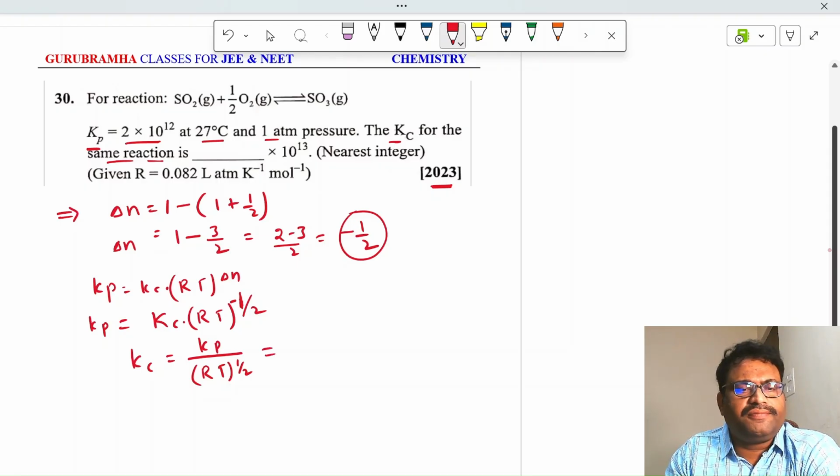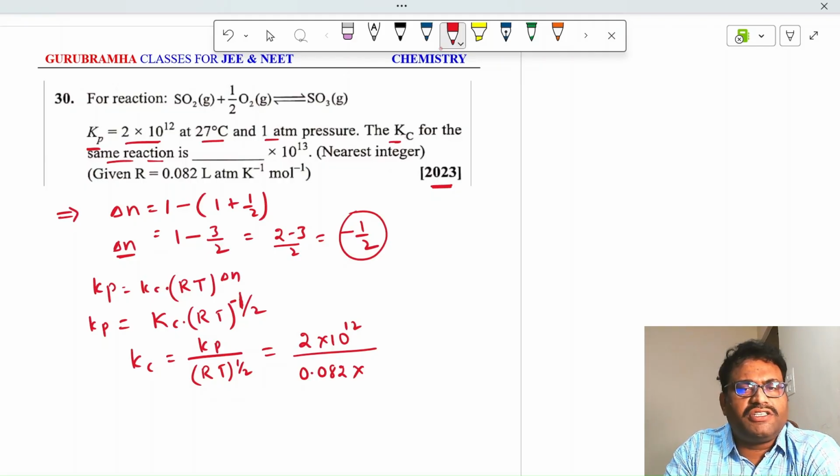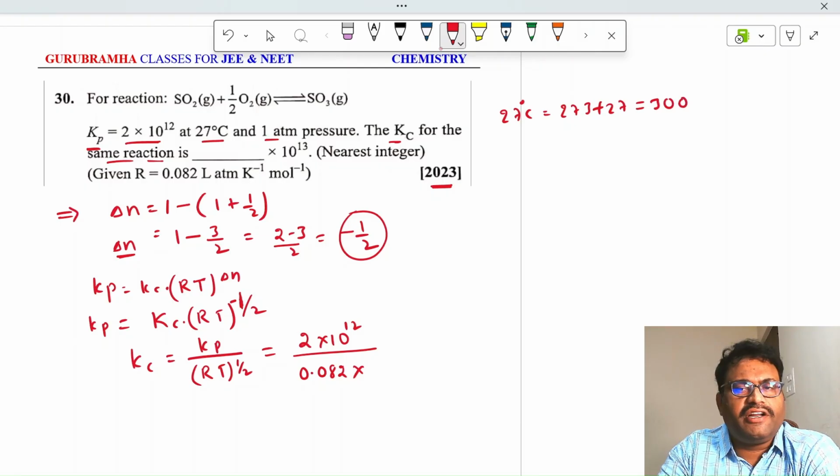Delta n, what did we calculate? Minus 1 by 2. That minus 1 by 2 we have substituted here. So Kc is equal to Kp by RT power 1 by 2. Kp given is 2 into 10 power 12 by R value 0.082 into temperature. 27 degrees centigrade is equal to 273 plus 27, that is equal to 300 Kelvin.